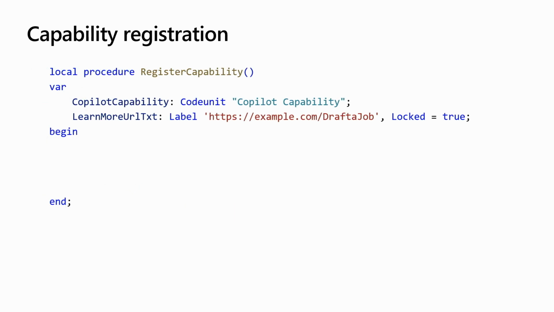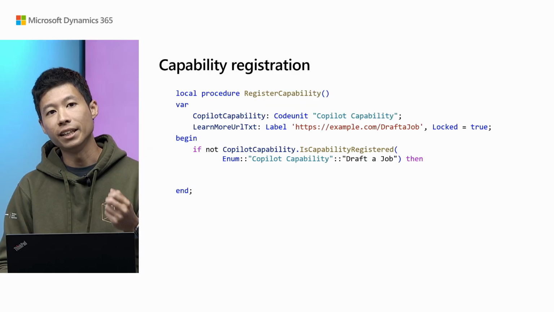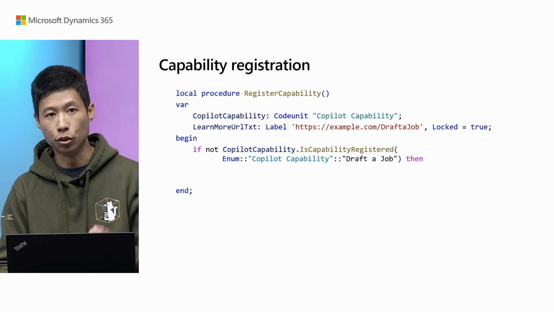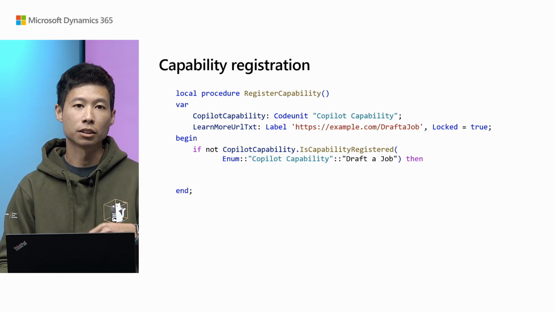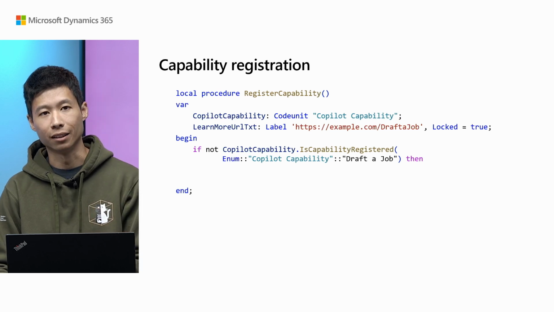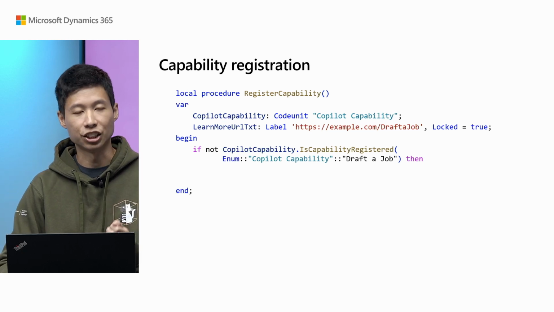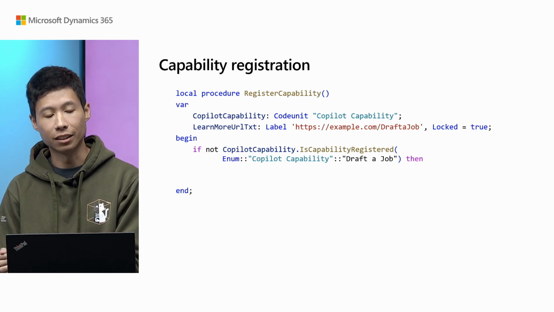So here it is. What you want to do is first check, has this capability been registered with this extension? So when you call this function, you only need to put in the enum that you'll be using, and it will automatically take up what extension is calling it. So we'll be able to then check, hey, has your extension and this enum been registered?